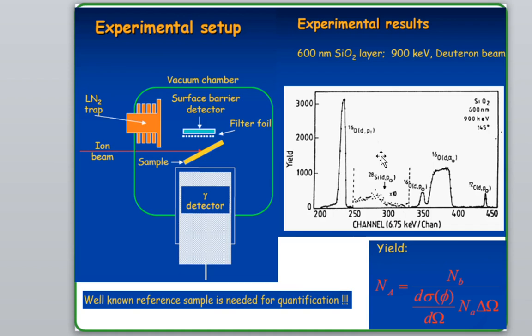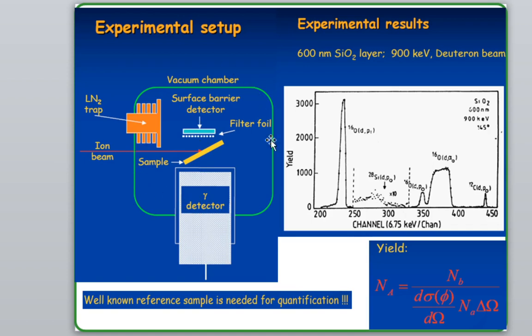The experimental setup is quite similar to what we have learned for RBS, PIXE, and ERDA. We require a charged particle beam from an accelerator and a sample, and to detect the emitted particle we require a surface barrier detector, and to detect the gamma we require a gamma detector, that is high purity germanium.